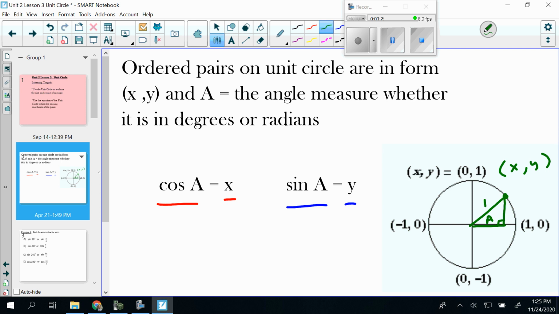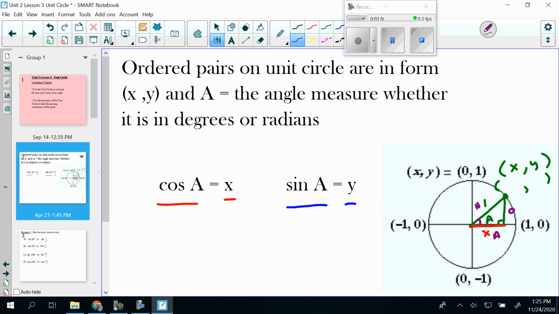But we also will know that x and y are equal to something here, because if I want the x value of this, I want to know how far is this side right here. Well, on my right triangle, that ends up being my adjacent side here, because this is the hypotenuse and this is my opposite side from my angle here.